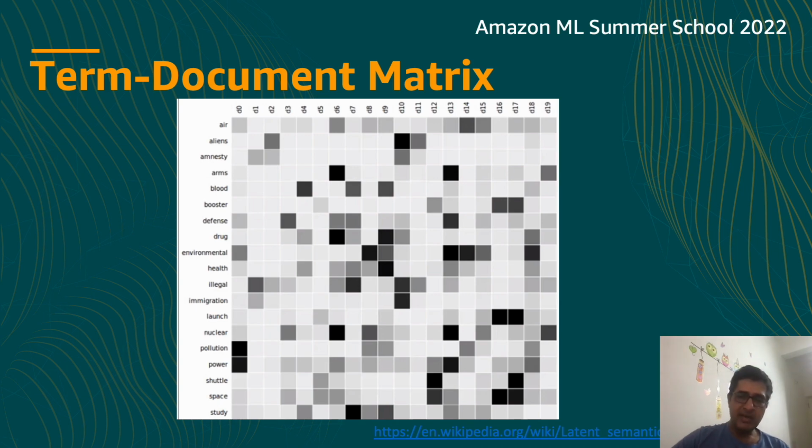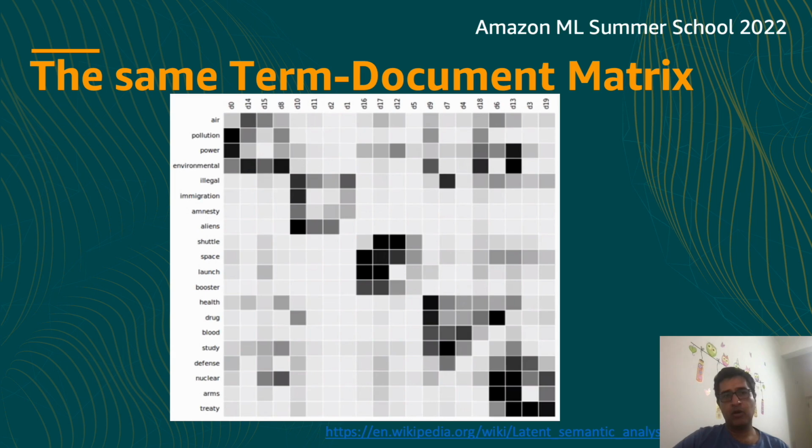So essentially an SVD operation on this term document matrix leads you to this. What you have done is rearranged the documents and rearranged the words. But in doing that, what you have realized is that there are certain documents which are talking about only these words.